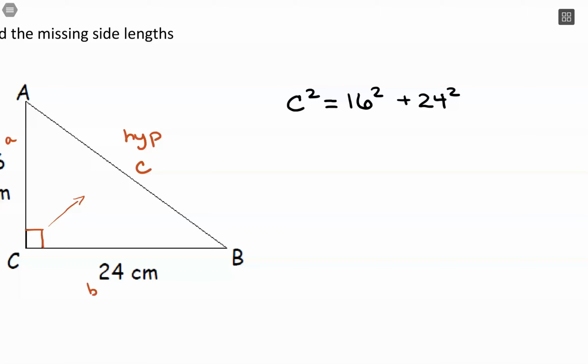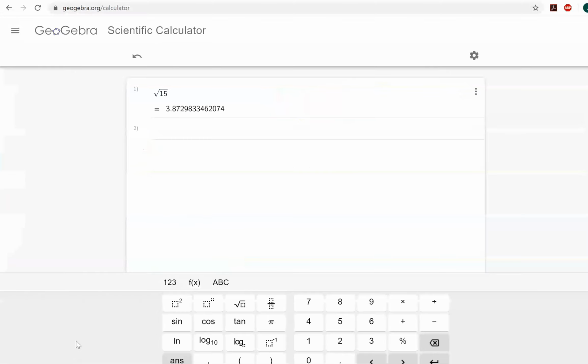Because the key is that I'm solving for c here, which means I'm going to take the square root of both sides. So we could type all of this into the calculator at once. Basically, what I'm going to type into my calculator is, and I'll even show you on GeoGebra's calculator, square root of 16 squared plus 24 squared.